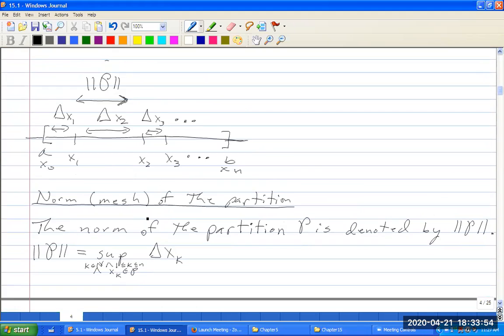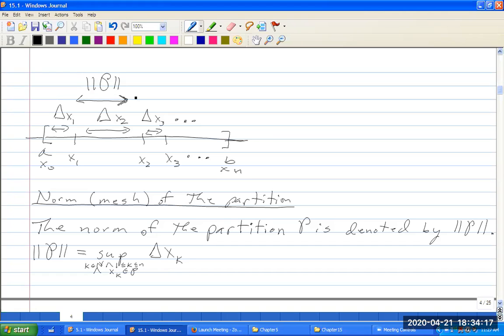The norm, or the mesh of the partition, is defined as follows. The norm of the partition P is denoted by the norm of P, and it's just equal to the sup of delta x sub k.